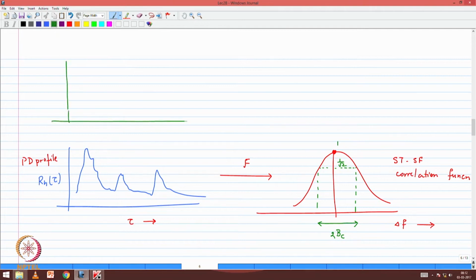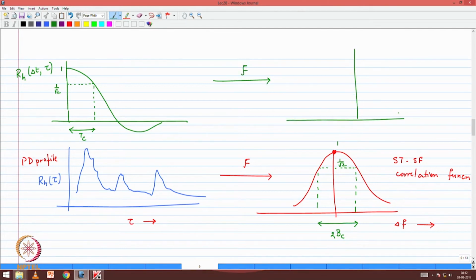I have the time correlation, which is in the form of a Bessel function. So this is R_H of delta t comma tau, but actually the tau dimension is not focused upon here. The height of 1 by root 2 is of importance to us, and that's where the coherence time comes into play. The Fourier transform of this relationship gave us the Doppler spectrum.